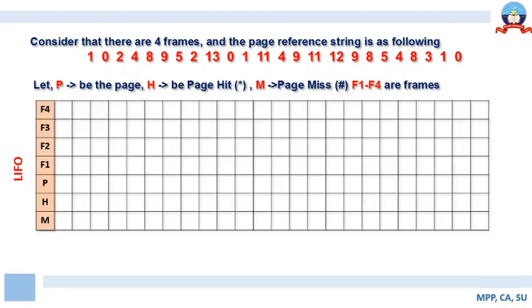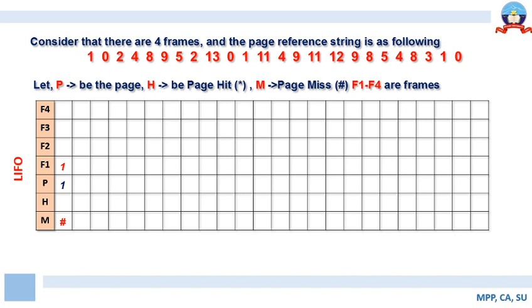Now we have a 2-dimensional representation of the 4 frames, the page hit and the page miss. So now let us try and create a representation of the page reference string over the 4 frames using last in first out page replacement algorithm.